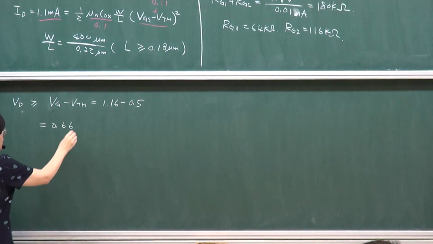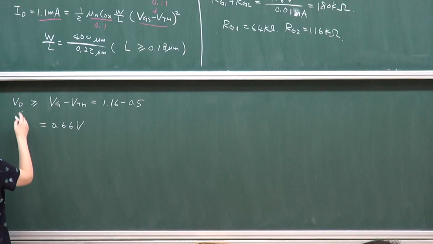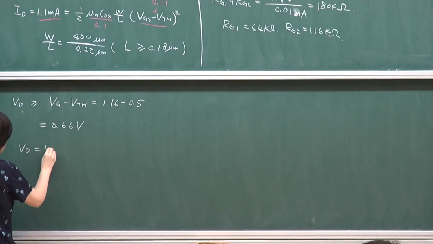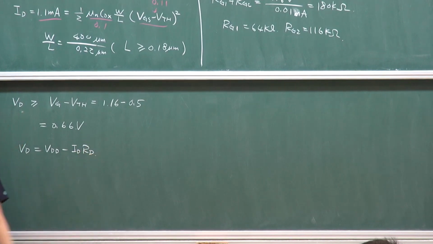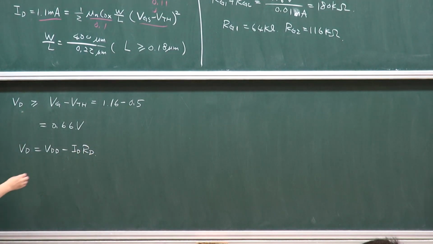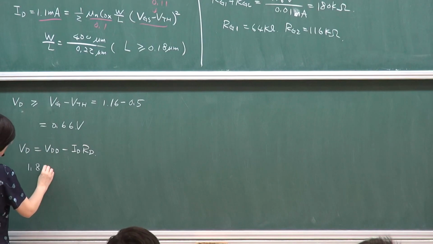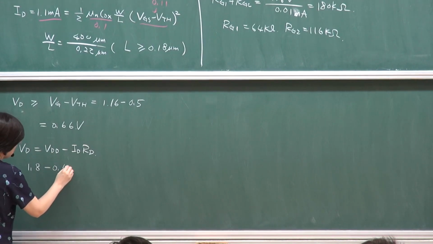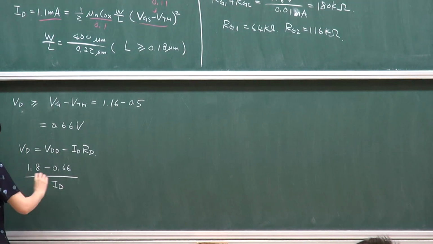Did I get it right? So you want to make sure that VD is higher than 0.66. Therefore, your voltage at the drain is VDD minus ID RD. So this will be 1.8 minus ID RD.